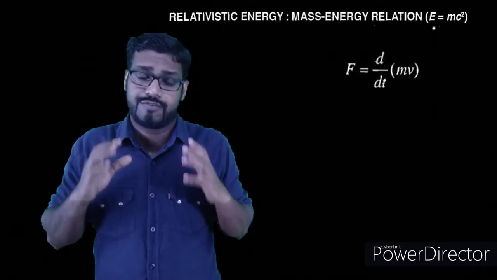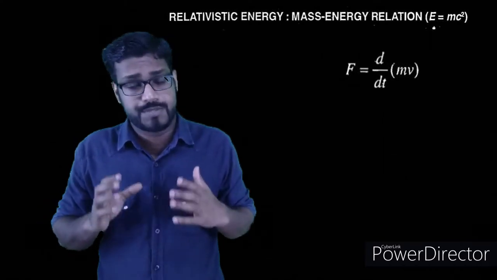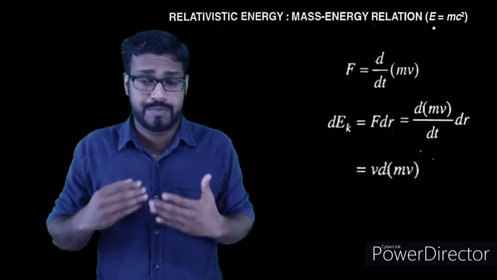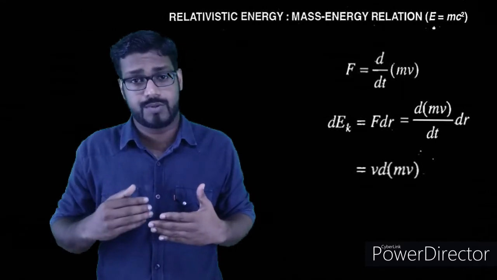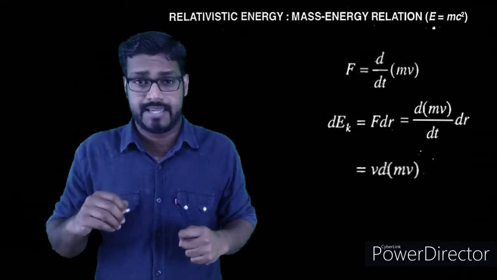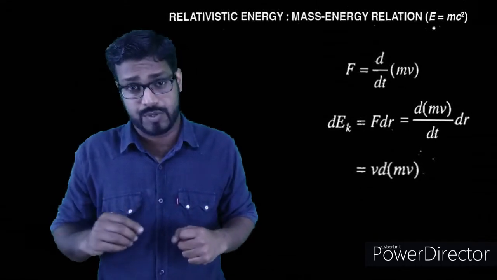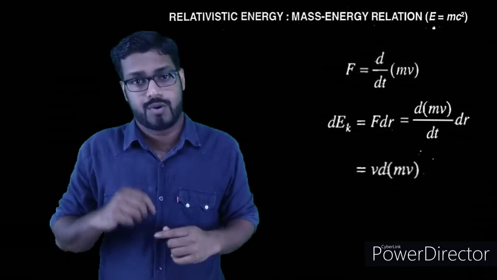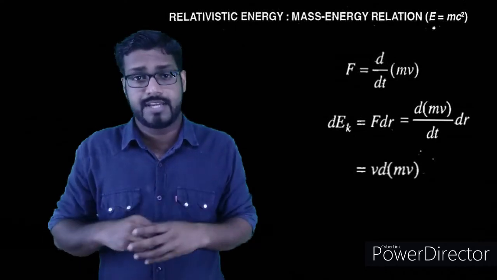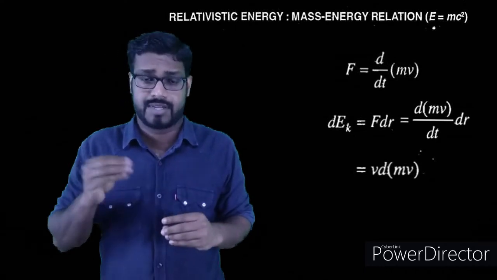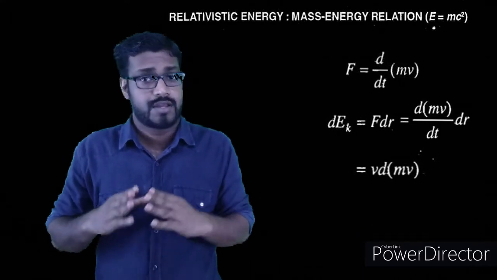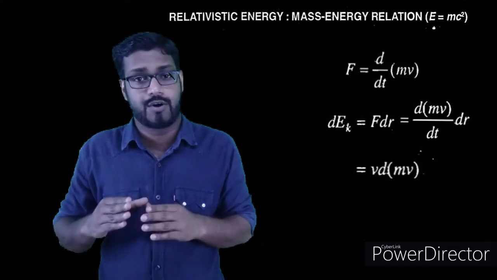And if due to this force, the object moves by some distance dr, then the change in kinetic energy of the object will be equal to the work done by the force, which is equal to F into dr. So we can write dEk, the change in kinetic energy, is equal to F into dr, which is equal to d by dt of mv into dr. And if you write dr by dt as velocity v, then we can write the change in kinetic energy dEk is equal to v into d of mv.